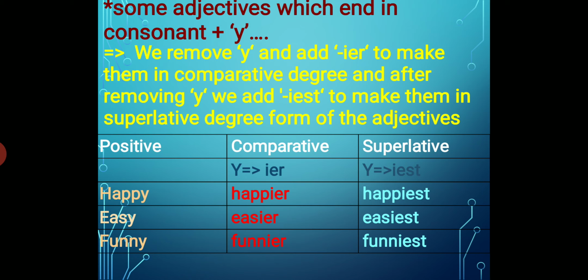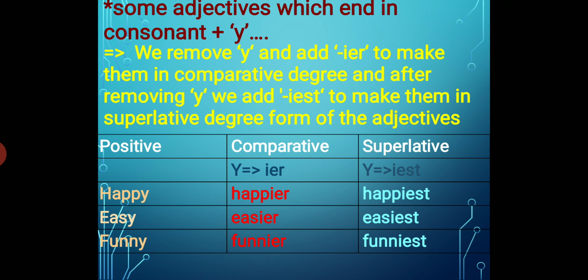Here also three kinds of degree: positive, comparative, superlative. In the second line I have given the specification. How can we form this kind of adjectives in a comparative and superlative? Just look here. Y becomes IER.